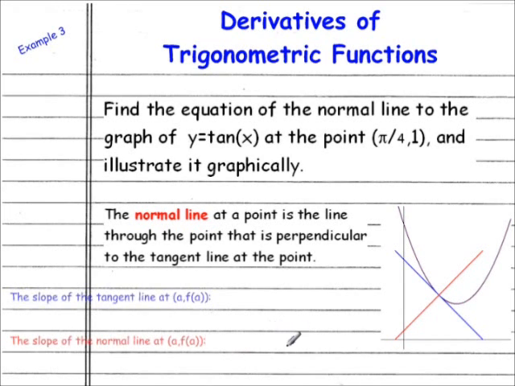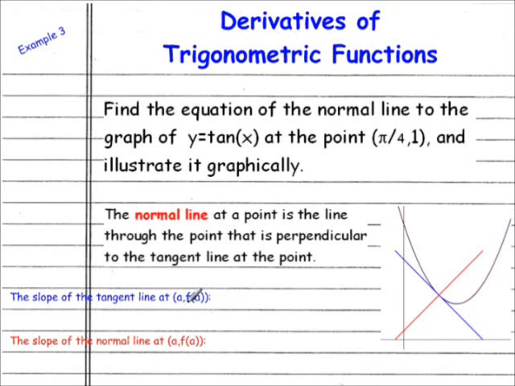So let's go back to this idea of how we calculate slopes, because remember, when we calculate the equation of a line, we need the slope of the line and we need a point on the line. So let's remember that if we have a point on a curve whose first coordinate is a, then the second coordinate would be calculated by putting a into the function.